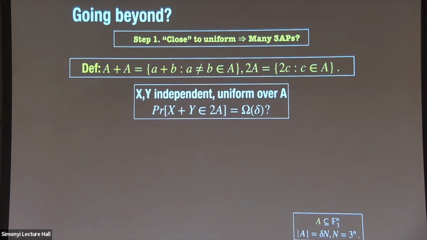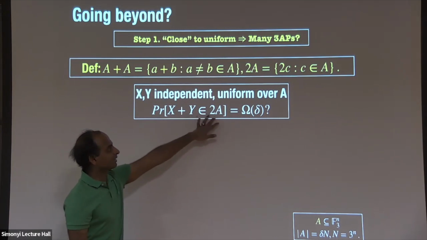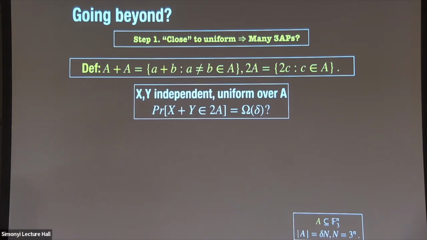If A was completely random, we know its density is delta. So x plus y should roughly, the probability that it lands within the set 2A should be delta. And I'm asking, okay, can it be delta over 100? Can it be delta over 1,000? Some constant factor in that. If this is true, then I get many 3APs. Most of the things work. Okay. So this is what we want from now on.